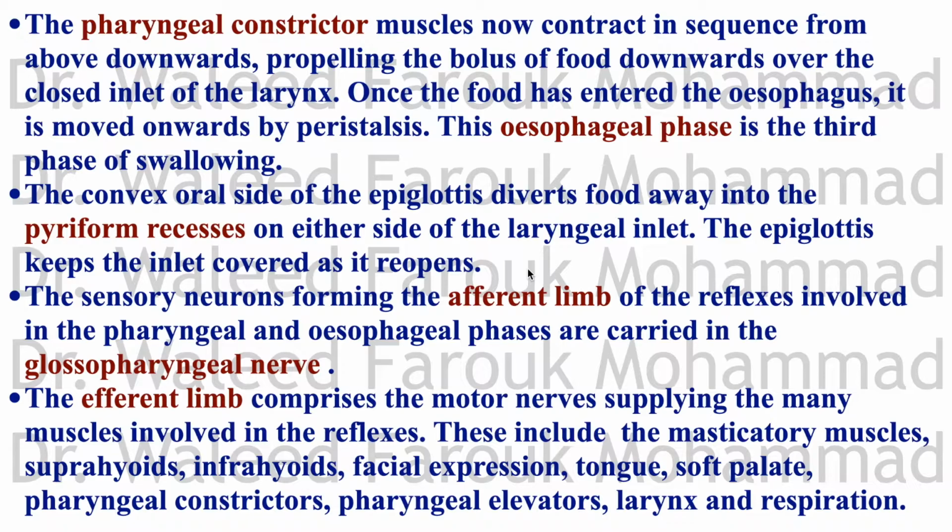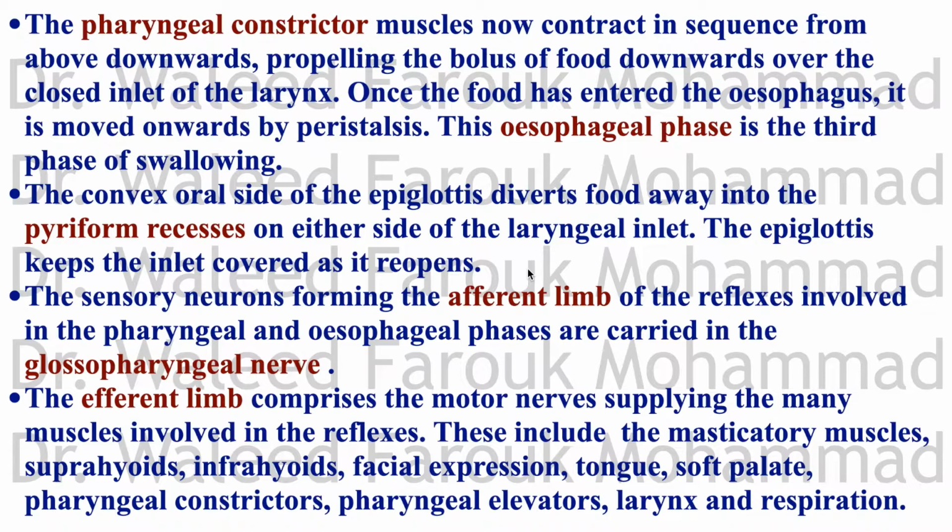This is called the esophageal phase, which is the third phase of swallowing. Remember the phases of swallowing: the oral phase, pharyngeal phase, and the esophageal phase. This is the third phase, the esophageal phase, which involves the esophageal peristalsis.